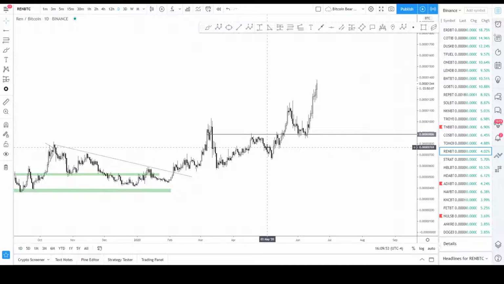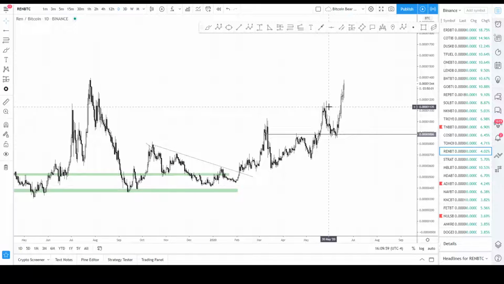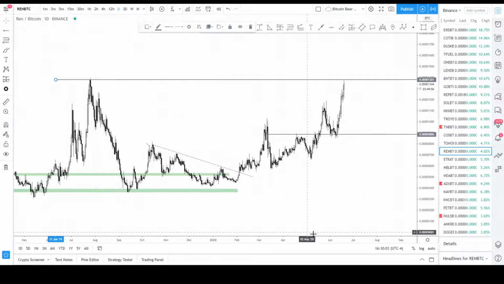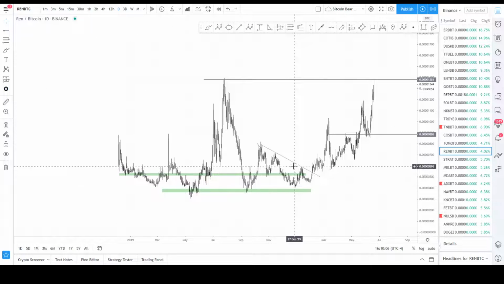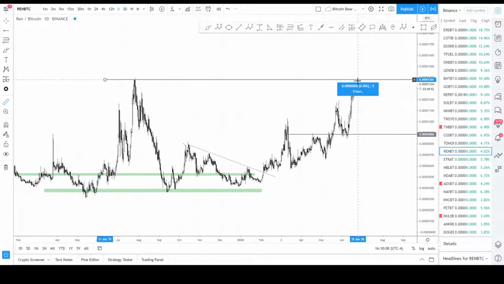You can even go right there. That was broken and then came back, retested it, and moved to higher targets. I would be setting my take profit target here, but it is pushing and testing this upper level. So if I was in REN, I would probably be taking profits at that zone. All-time high, if I could short it, I probably would. Until it flips this level, those are usually signs that they will head back down.